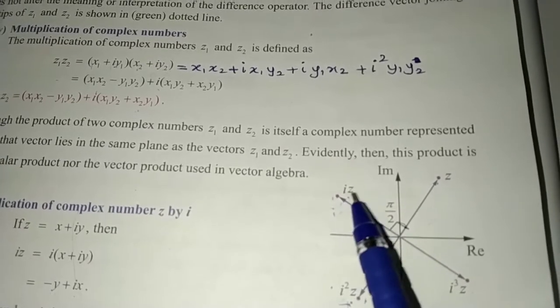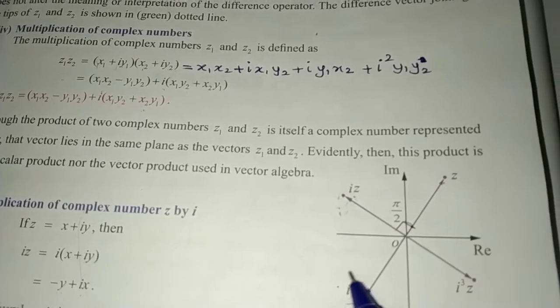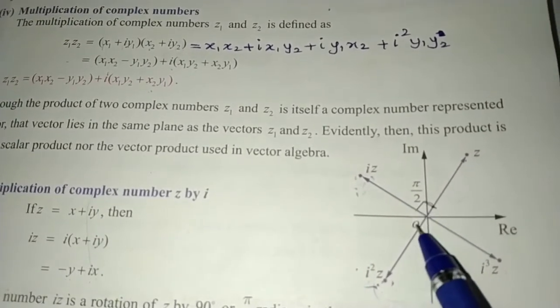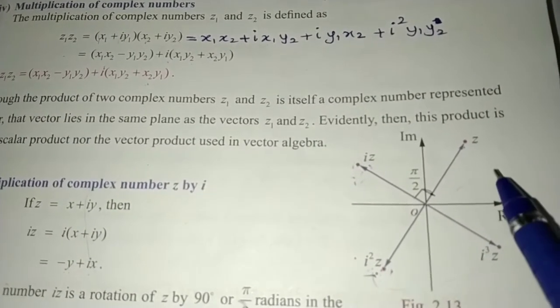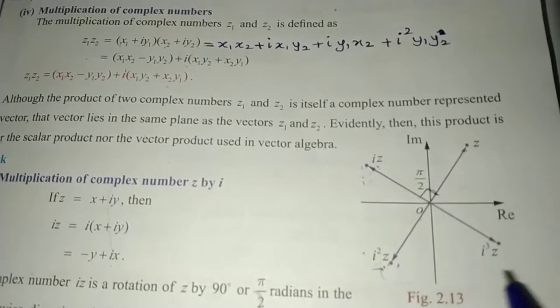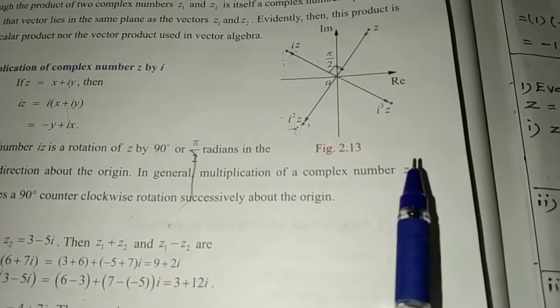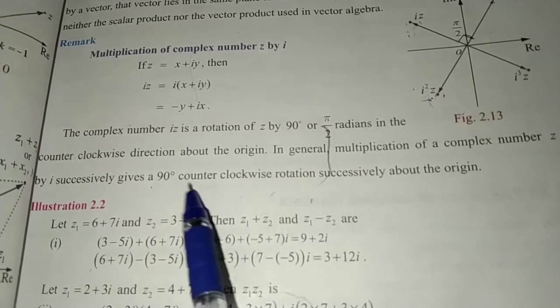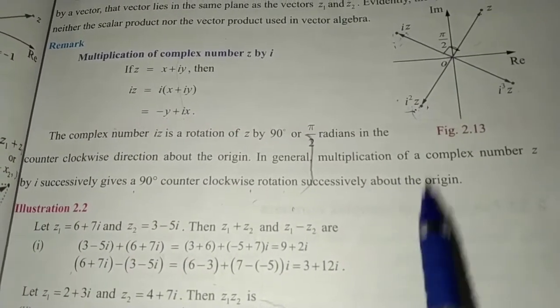Similarly, iz multiplied by i, that is i squared z, is the rotation of iz by 90 degrees in the counterclockwise direction, and so on. That means multiplication of a complex number z by i successively gives 90 degree counterclockwise rotation about the origin.